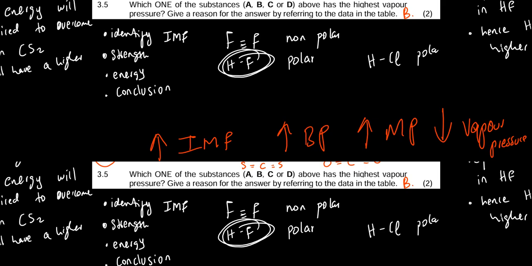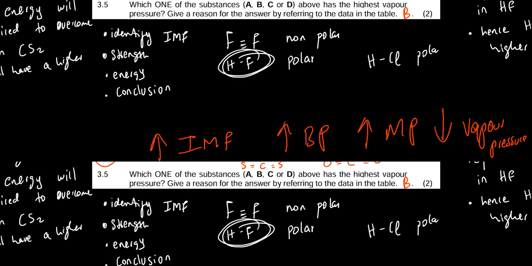You need to just remember your shapes. Very important to remember the shapes, and then in turn knowing which ones are going to be polar and non-polar. We have linear. We have bent. But remember, for linear, it could be polar or non-polar.